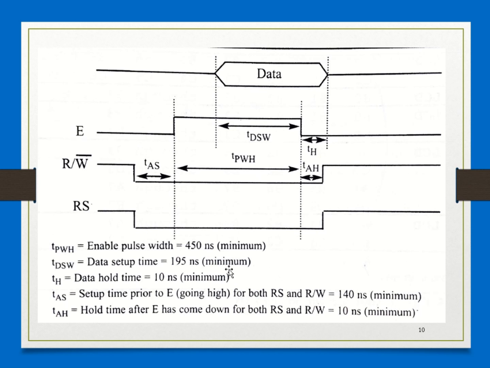In the write operation, when you are sending some information to the LCD, a high to low pulse has to be given to the enable line, so that the data on the data line can be latched or read by the LCD. This information we'll be using in programming the LCD.